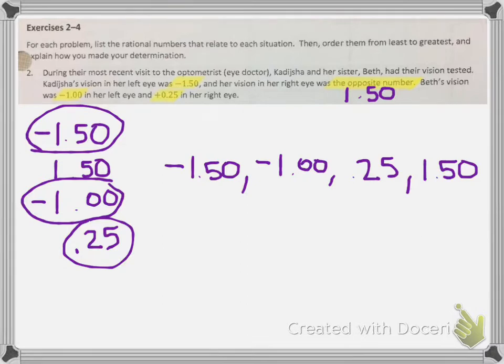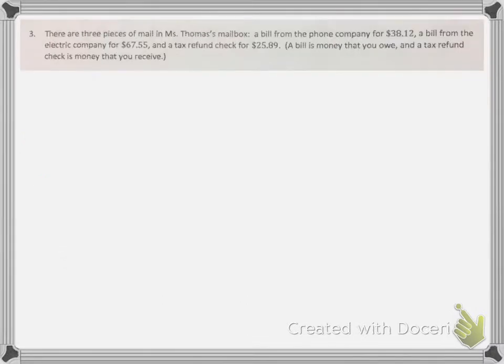All right. Go ahead and try number 3, and when you're done, we'll start the video again and show you the answer. So here is number 3. Same thing, we're going to order from least to greatest.